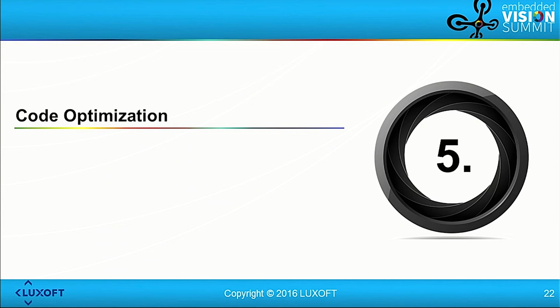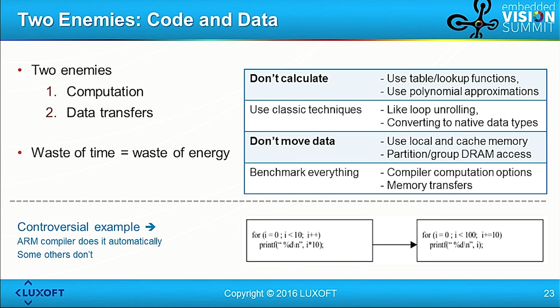So now as we're done with this subject of using GPU, we'll talk a little about the code optimization that we also do in almost every project. It's hard to give a lot of guidelines here, but the concepts are pretty simple. Don't calculate and don't move data.